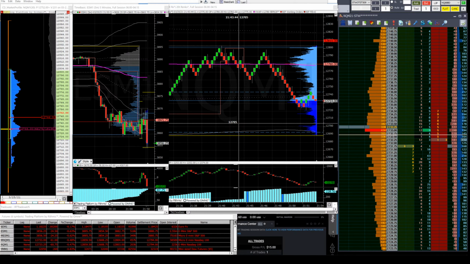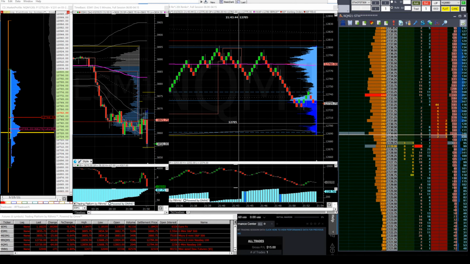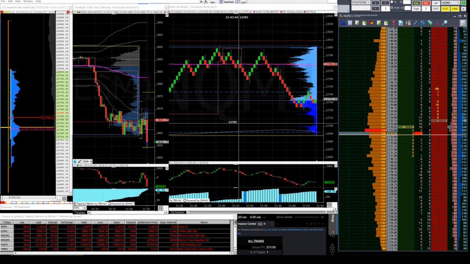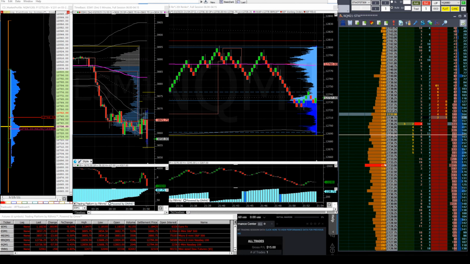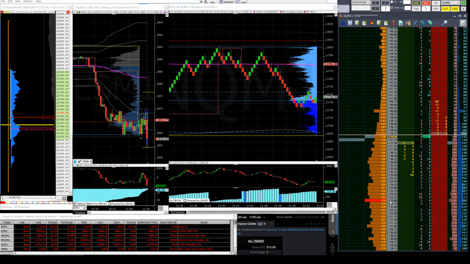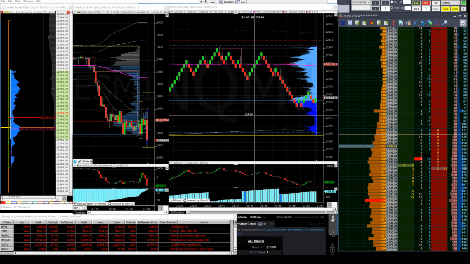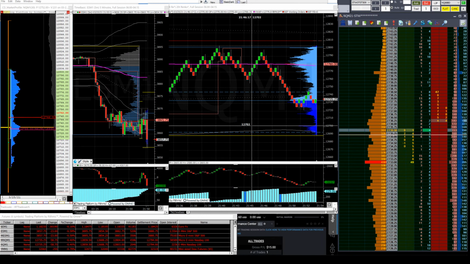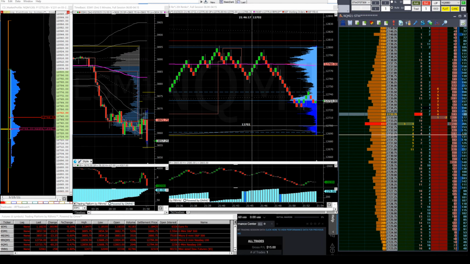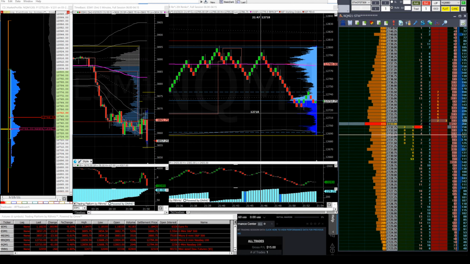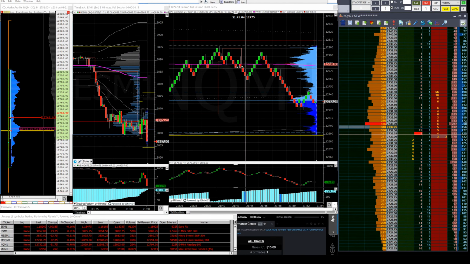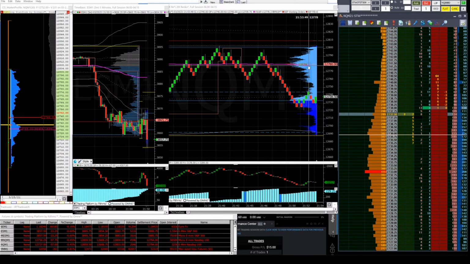Well, I'd like to put on a couple of good trades there. I'd like to get a 20-pointer or something, and then I'd feel just pretty good about life in all different respects. The POC per Jigsaw is down here at 73.30. This is the developing POC, this pink-looking thing here.